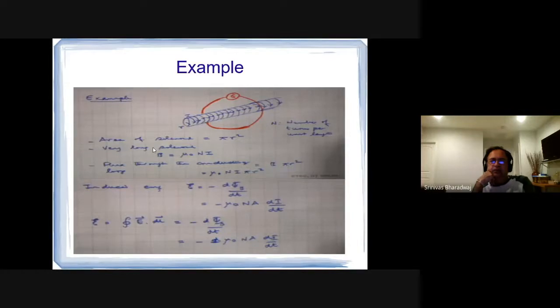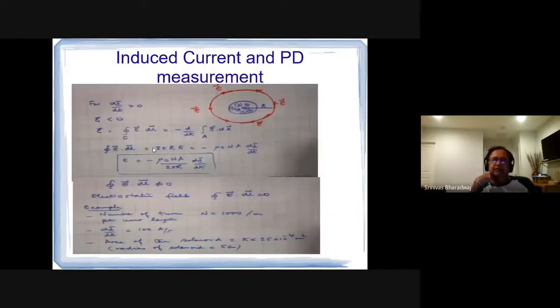Pi r square is A, and therefore the induced EMF is mu naught n A di by dt. Now, using this, if you wanted to find the electric field, it is given by the line integral of E dot dl, so E times 2 pi r.